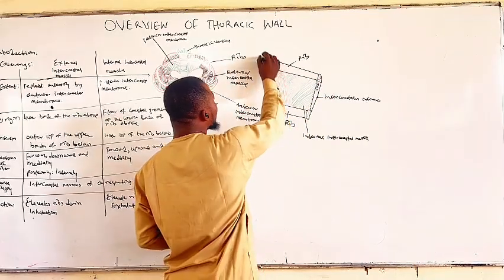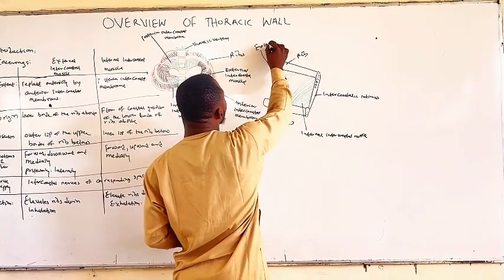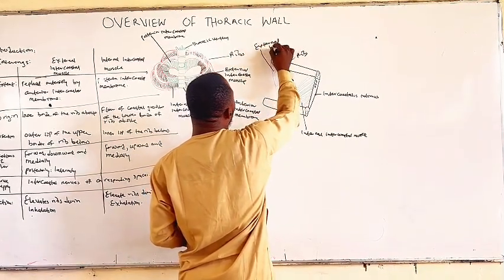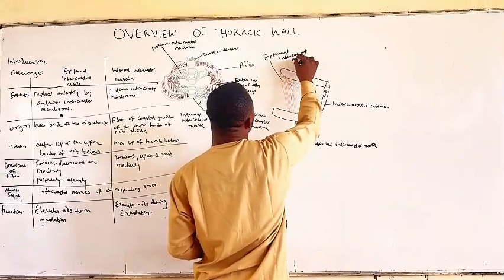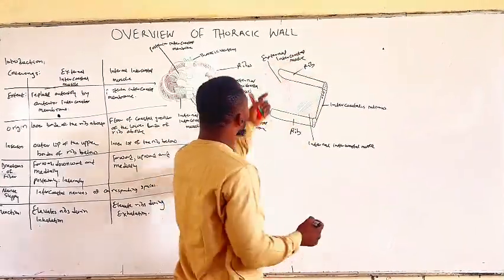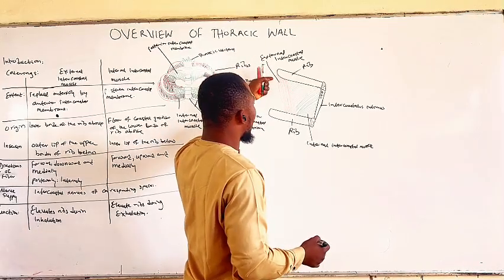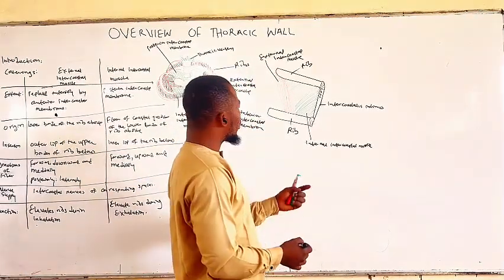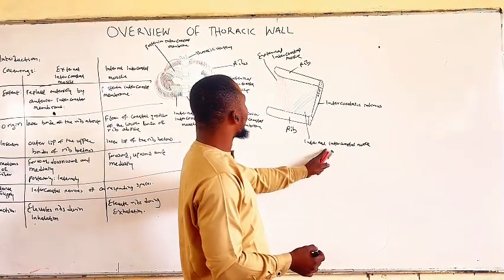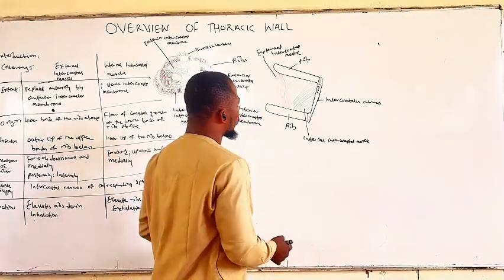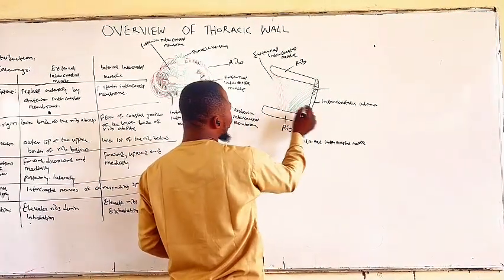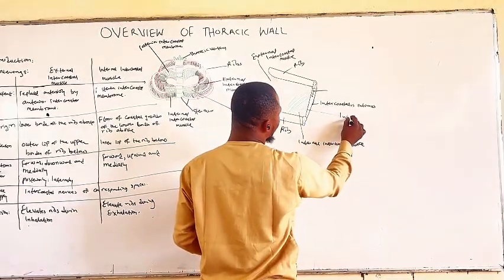While in the external intercostal muscle, the fibers are directed downward and medially. As you can see, the internal intercostal muscle is at right angles to the external intercostal muscles. All these spaces here are our intercostal space.